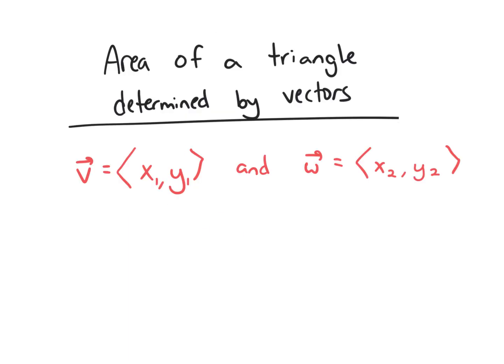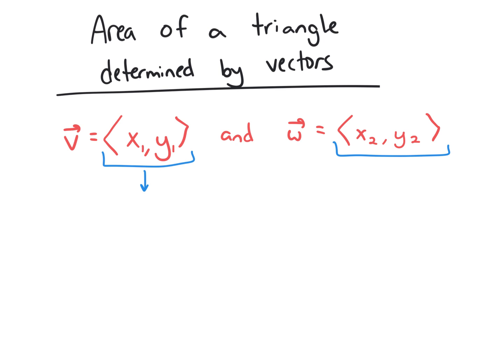Now we're going to talk about finding the area of a triangle determined by 2 vectors. Now, yesterday we talked about vectors. Remember, whenever I say vector, that just means this form. Okay? Yesterday we talked about how we can write vectors into matrix form. You remember that? Okay, so if I want to write this x1, y1 as a matrix, remember that just turned into x1 on top, y1 on bottom.